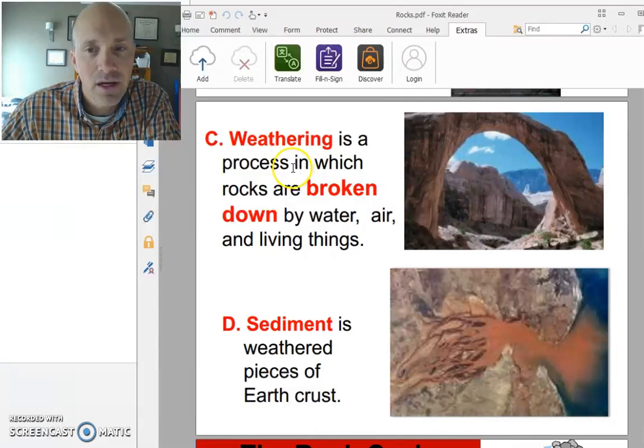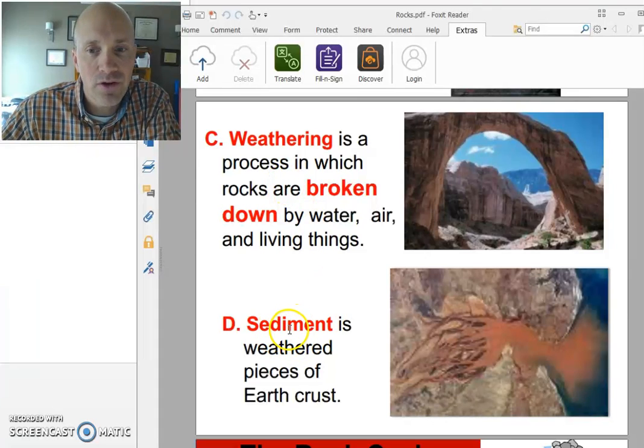In nature we don't really have hammers that do this; we have other things that do it. Water is the number one thing that does this. Another thing that can do it is air and living things. For example, when a tree grows, it sends its roots down into the ground, and as those roots grow, they can get in between rocks and break them apart. So weathering is just the process of the rocks getting broken apart.